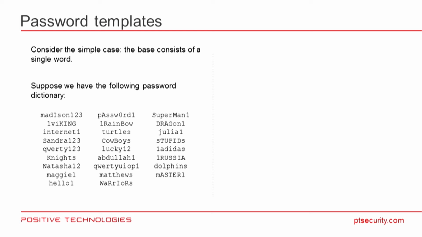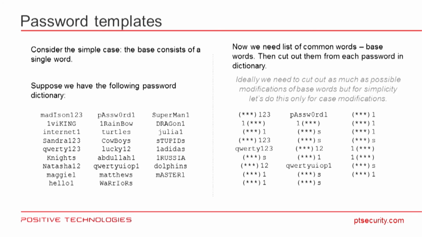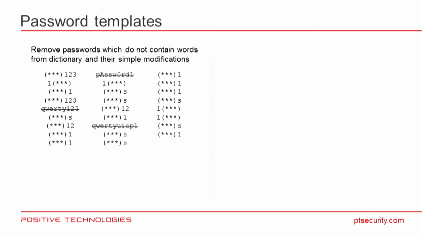For example, we have a dictionary which we have downloaded from the internet. Let us use a list of words and cut out all of the base words from the initial dictionary. I did not cut out password, but it's okay.